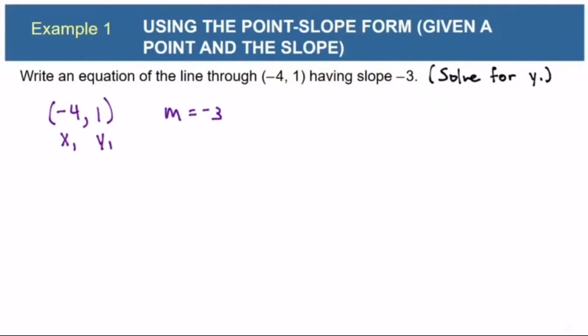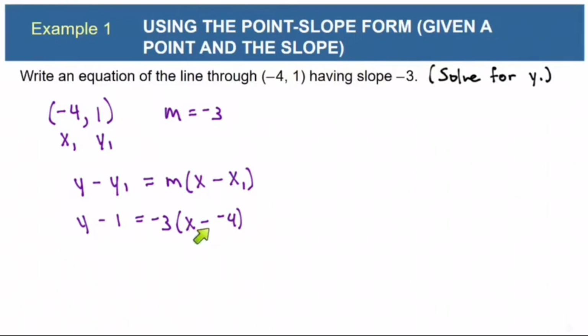So let's label the information that we have, and now let's write our formula. This is the point-slope formula. Y minus the y that we know equals m times x minus the x that we know. Plug in the numbers we have, so it'll say y minus 1 equals m times x minus x1, which is -4.